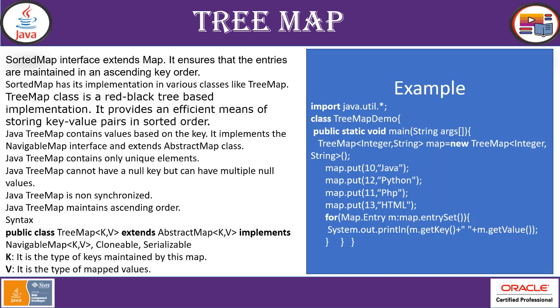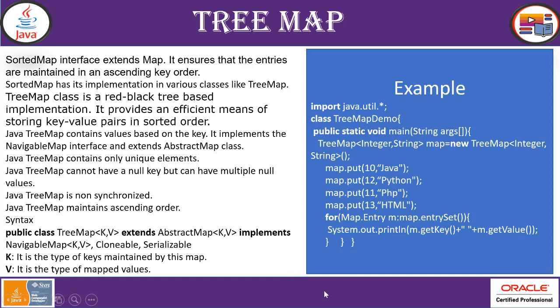Since it is already in a sorted order, you can access elements from any point, you don't have to traverse from the beginning. Basically that's the point. The map maintains ascending order.